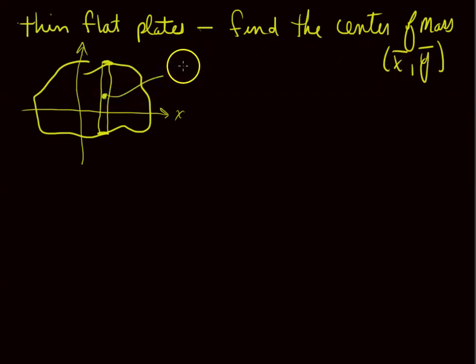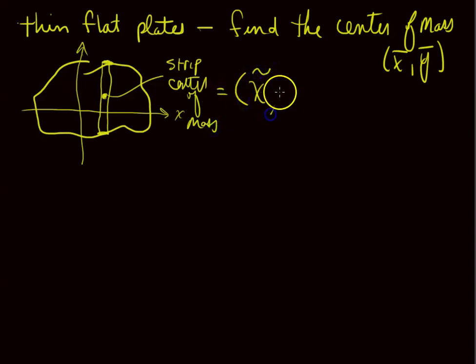So this center of mass for the strip is going to be x tilde, y tilde. Tilde, the little squiggly line instead of the straight line. It's not x bar, y bar, it's x tilde, y tilde. That's for each strip.